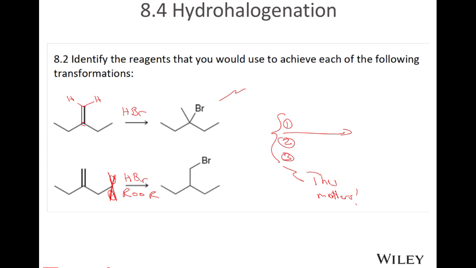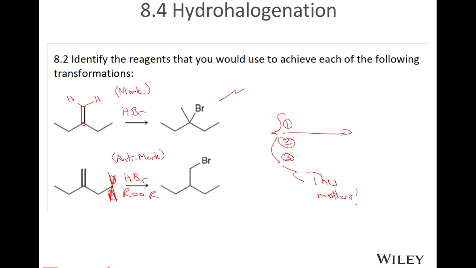And the next example is an anti-Markovnikov addition. So we could even write here, this one is a Markovnikov addition, so I'll just put Mark, and then this one is anti-Markovnikov addition. Okay, and what I want to point out here is that most students recognize, okay, I need HBr and I need my peroxides, but it's very important that you don't say, okay, step 1 is HBr and step 2 is peroxides.